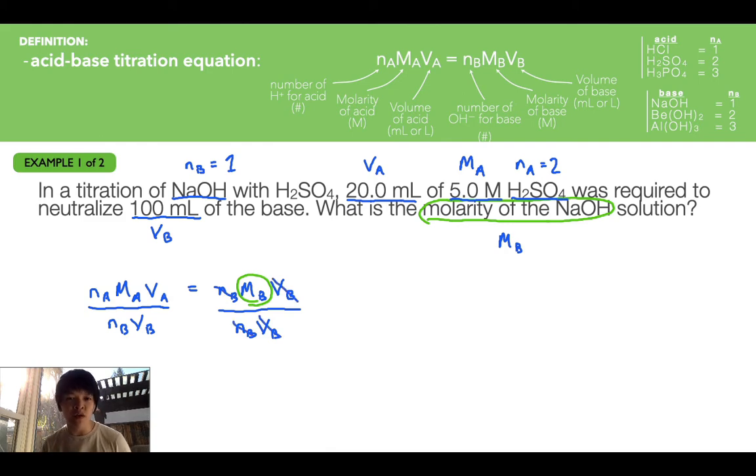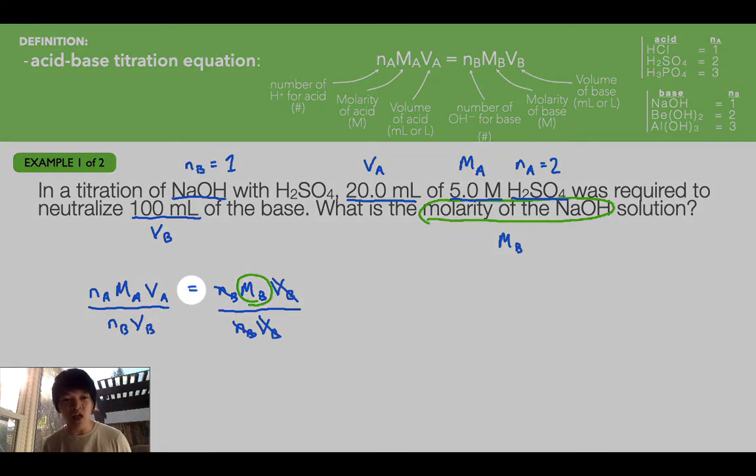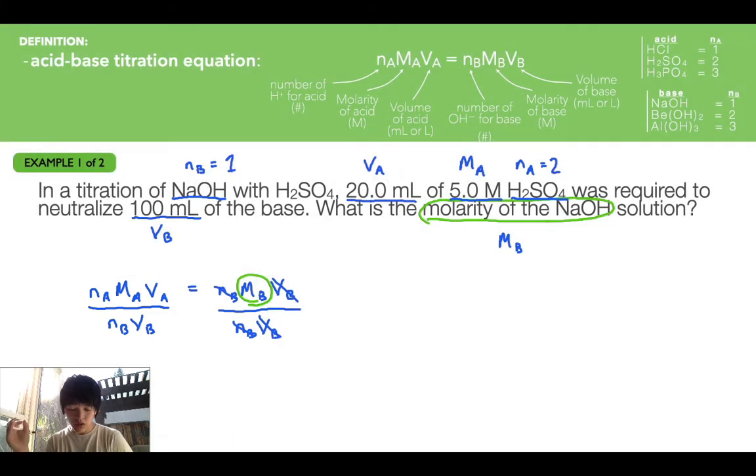All we're left with is Mb is equal to Na times Ma times Va divided by Nb times Vb, right? So all we have to do is just plug everything in. I've already identified it for you in the word problem. We just plug it in now. So go ahead and do that.